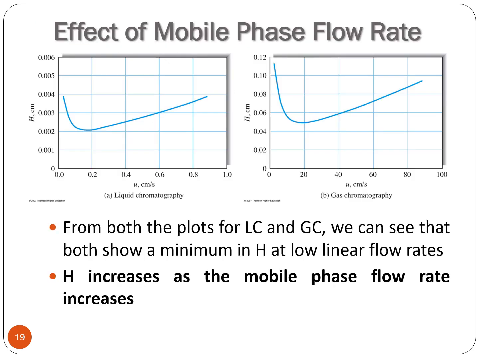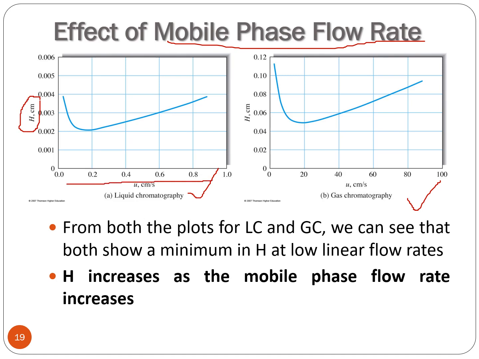Okay, first of all, we see the effect of the mobile phase flow rate. Okay, mobile phase flow rate inside the column. Okay, from both the plots for liquid chromatography and gas chromatography, we can see that the graph is the height of the theoretical plate against the flow rate.